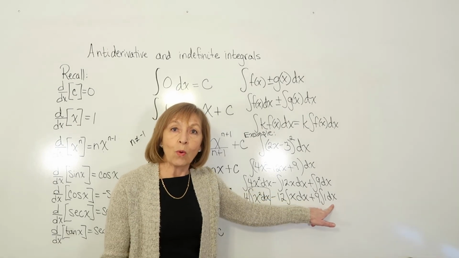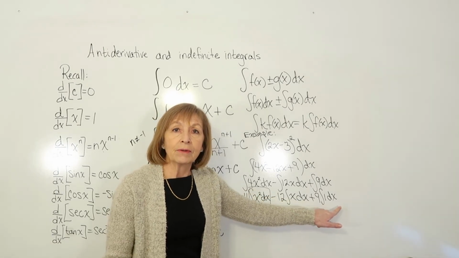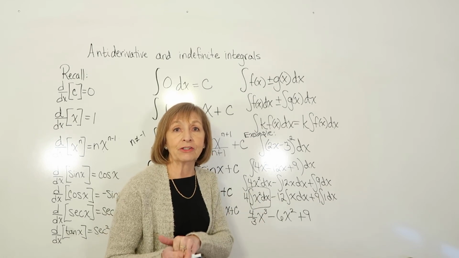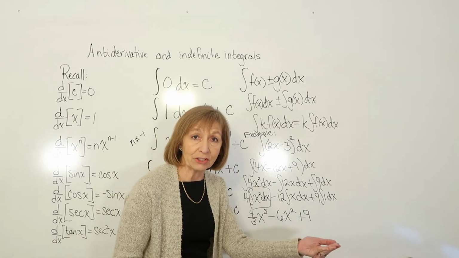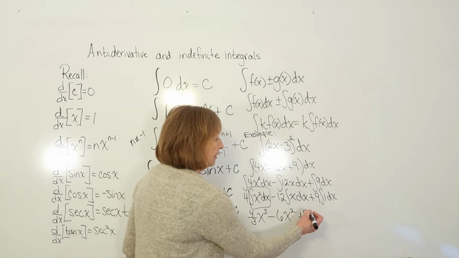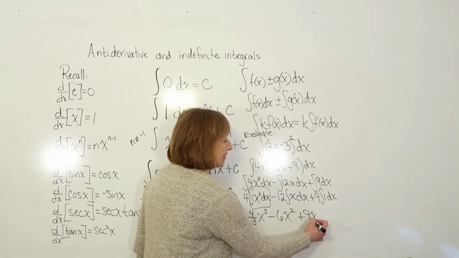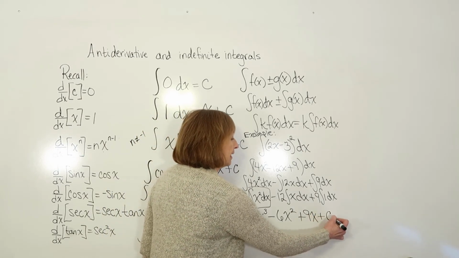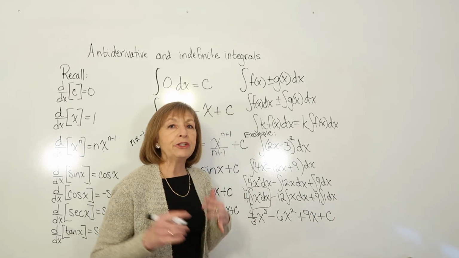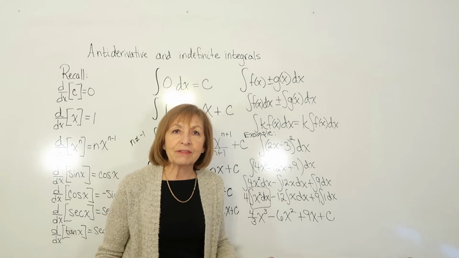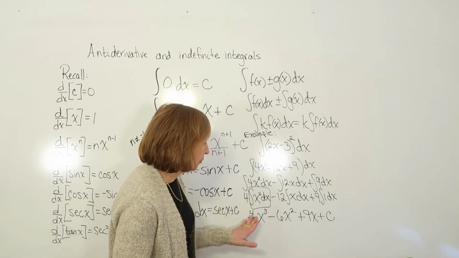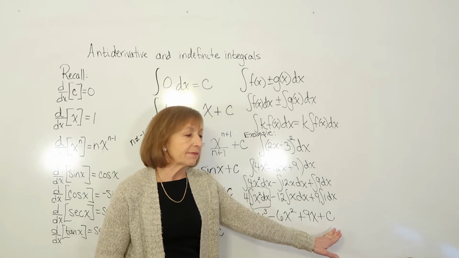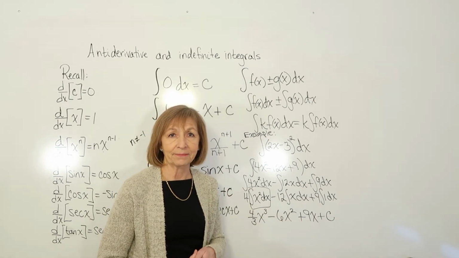What function had 1 as its derivative in the variable x? Well, x is the function that had 1 as its derivative, so that's going to be 9 times x. And then I have to remember plus c, my constant term. And you don't need a plus c for each of the individual terms that you get. They'll all accumulate at the end, so you can just have the plus c at the very end.